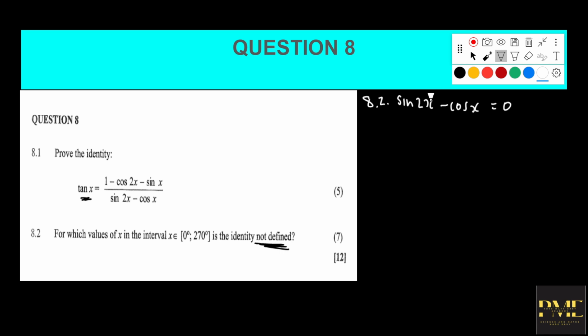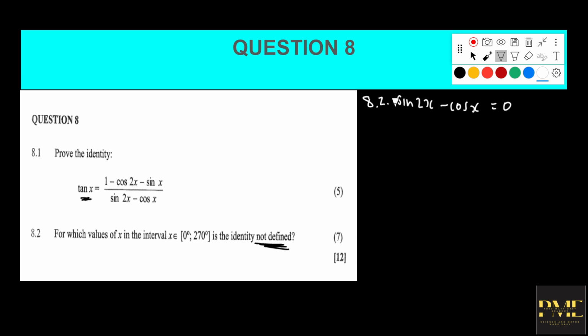Okay, so we know that for us to determine the values of x, the one thing to do is to solve for x using our skills and techniques of a general solution. Okay, right, cool. So remember, the best thing to do here is to change your double angle into your single angle.